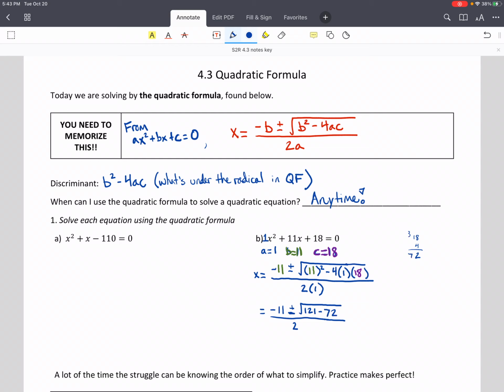So 121 minus 72 over 2. Well, hey, what do you know about the square root of 49? That is 7.